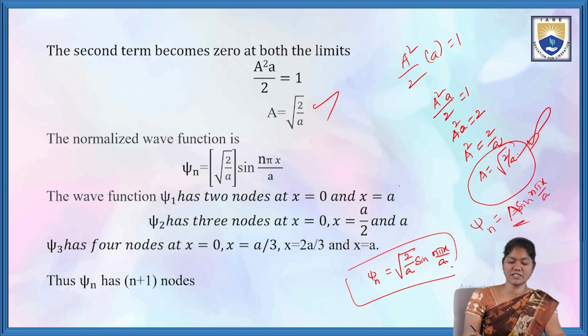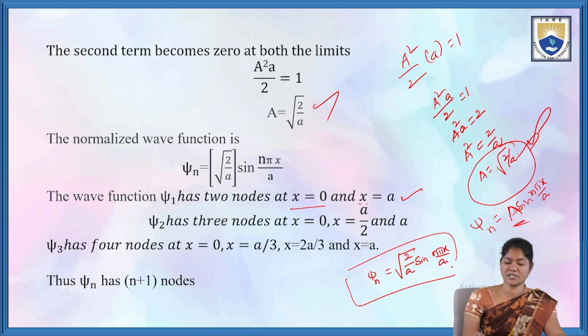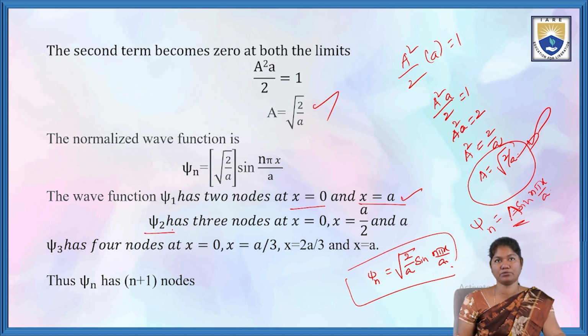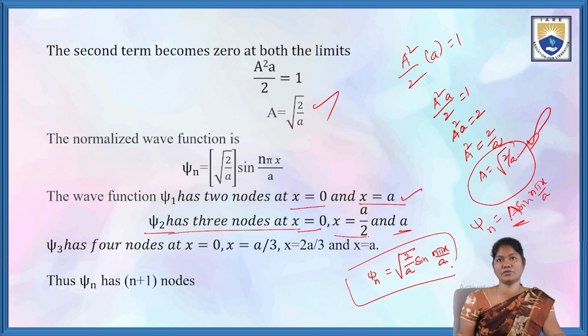The wave function psi 1 has two nodes. One is at x is equal to 0, the other one is at x is equal to a. When taking psi 2, psi 2 has three nodes. One is at x is equal to 0, another one at x is equal to a by 2, and another one at x is equal to a.